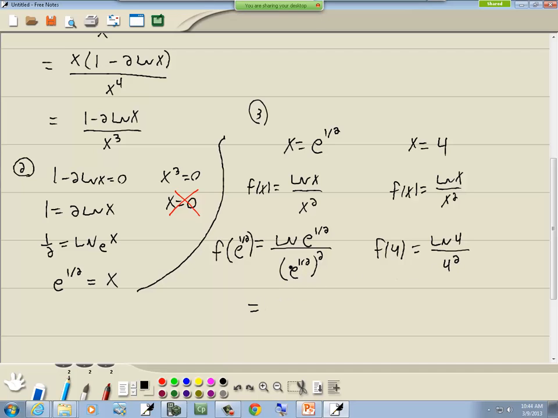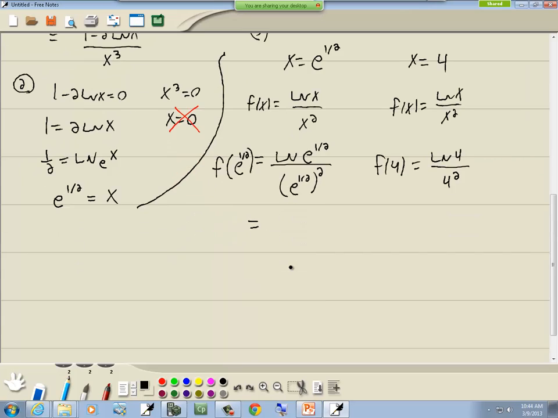Now remember in your properties of logs, when you got the base, in this case natural log is base e, when you got your base here matching whatever is here, then the log and the base and the e are going to cancel and leave you the 1/2. So we've got 1/2 over, and when you're raising one exponent to another exponent, you multiply them together. 1/2 times 2 is 1, so that just gives us e. So this gives us 1 over 2e.